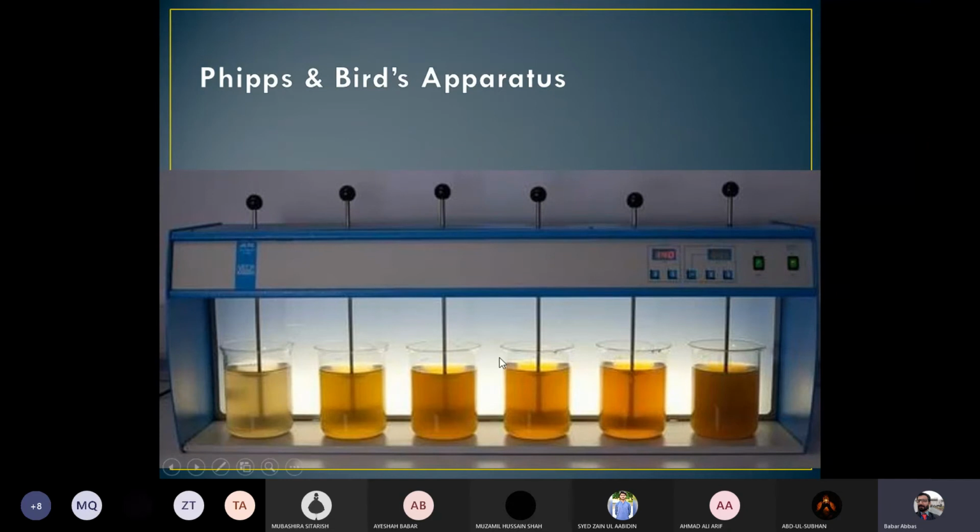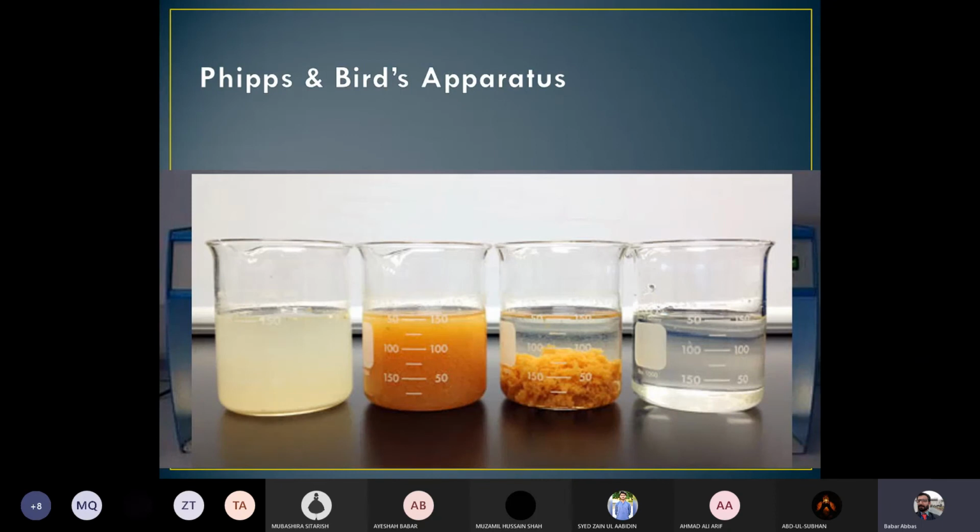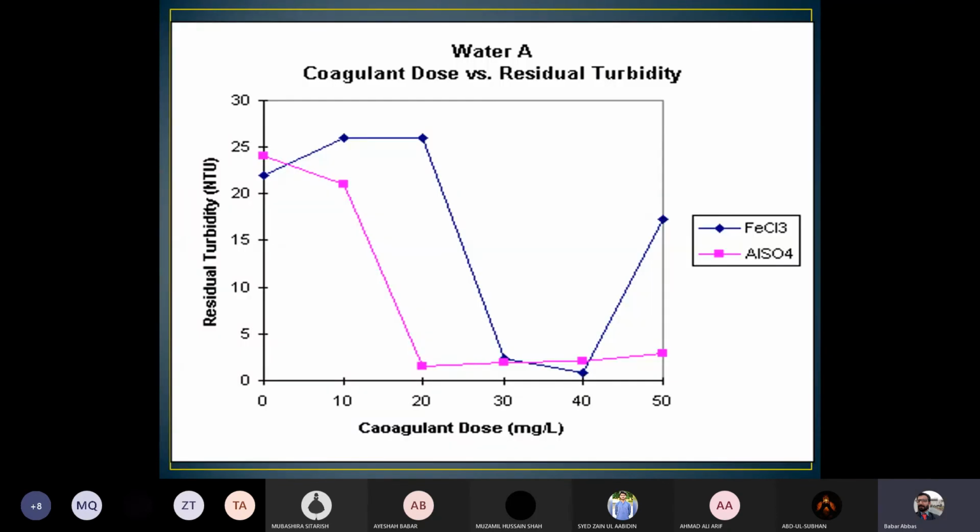For example, we select that this jar has provided the best efficiency in terms of its results. Then, looking at its label, we analyze the dosage against it and study it further and work on it. That's called the optimization or selection of dosage in water treatment. I will share a little bit of literature on this with you as well, inshallah.